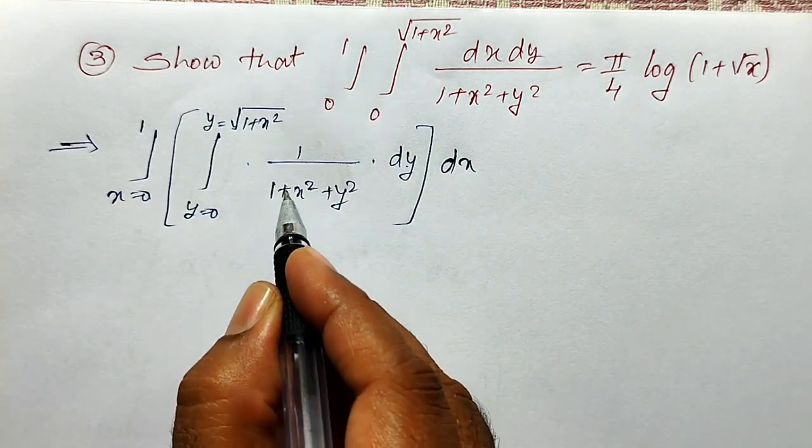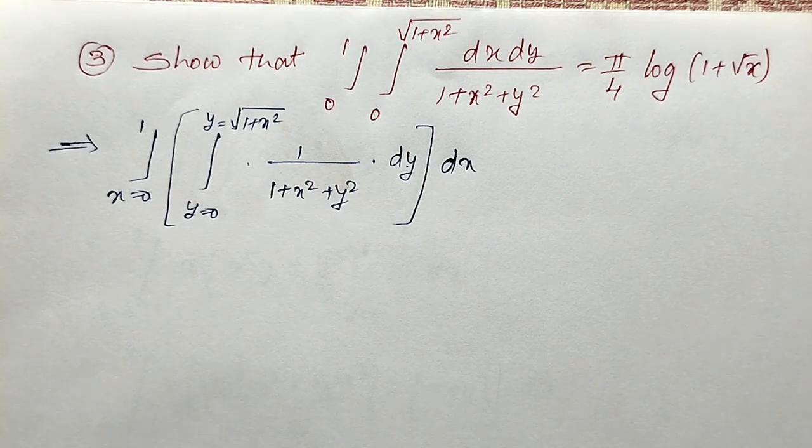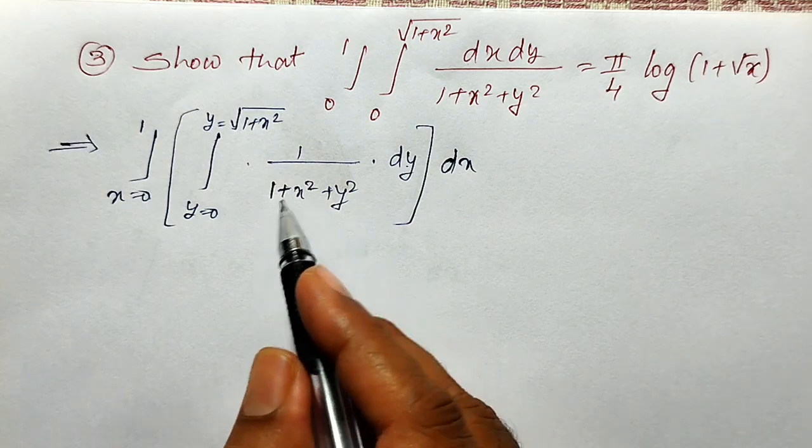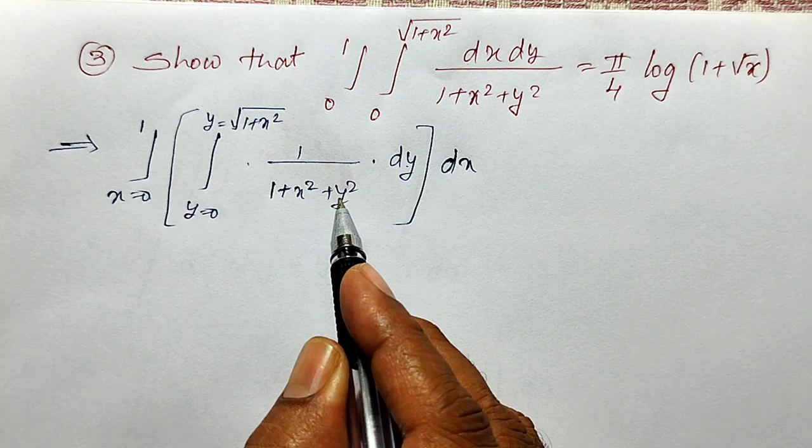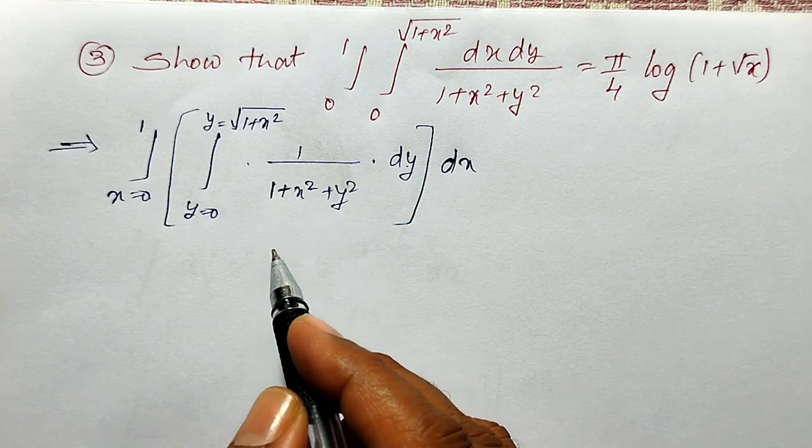Then what is the integration of this 1 divided by 1 plus x square plus y square? Directly we don't have such an integration, because 1 plus x square is treated as constant here and y square is your integrable.